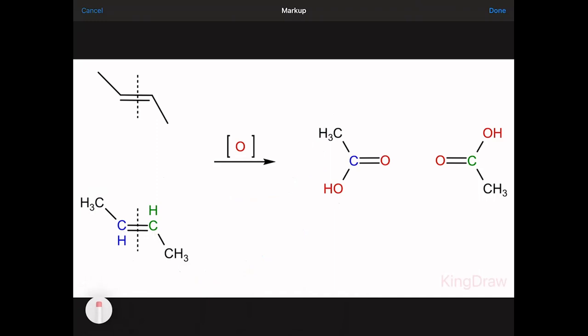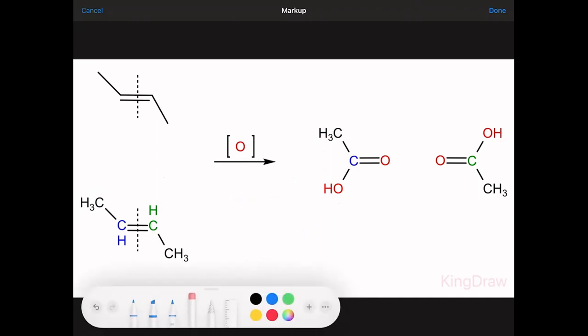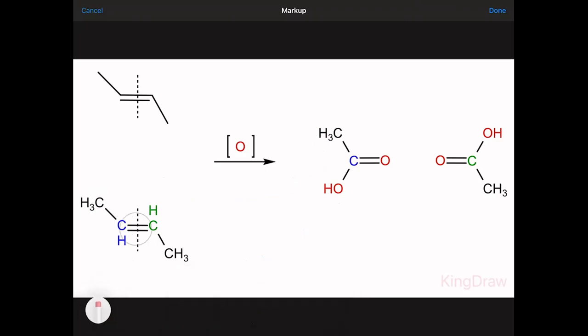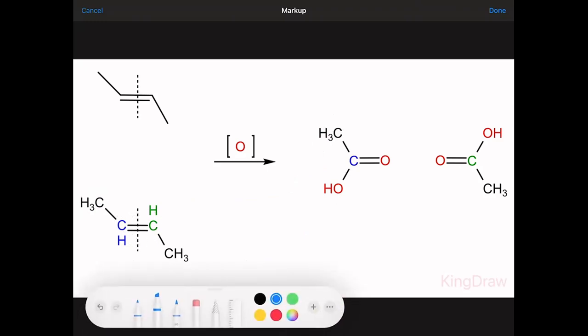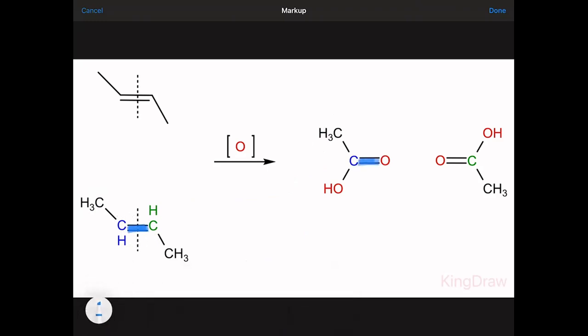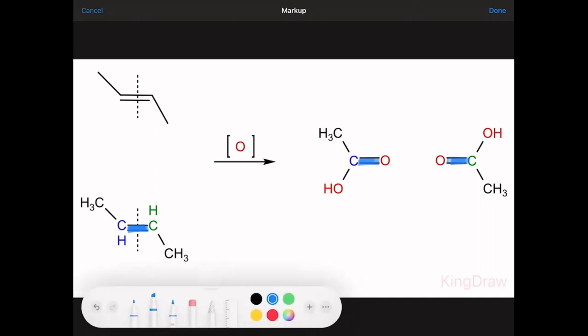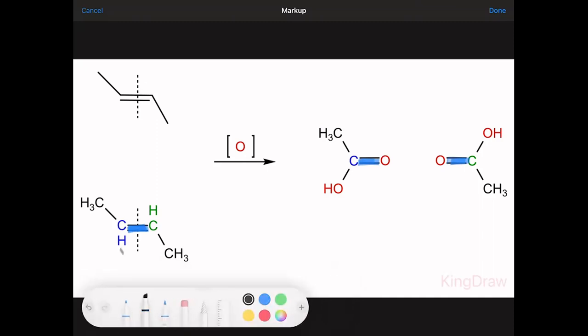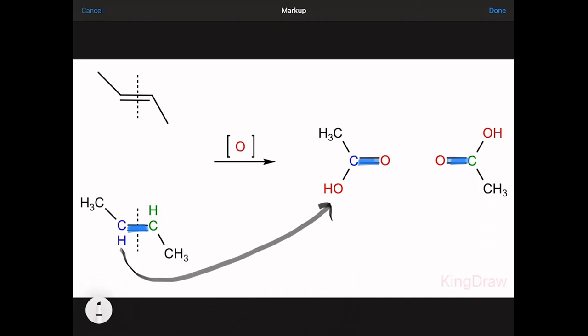But would you agree with me that there's always a double bond formed? That double bond in the middle is the same as that double bond, is the same as that double bond. If you literally just separate the molecules, you can map it and say this hydrogen became that OH, and that hydrogen became that OH.